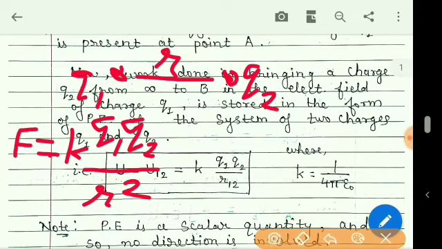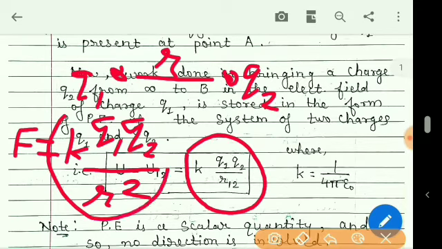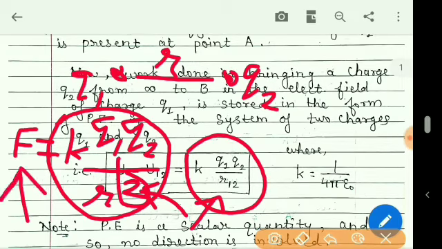So here also you can see the similarity between this formula of potential energy and this formula for the force. If we remove the square here, it becomes the formula for the potential energy, and if there is a square, then it is the formula of force.